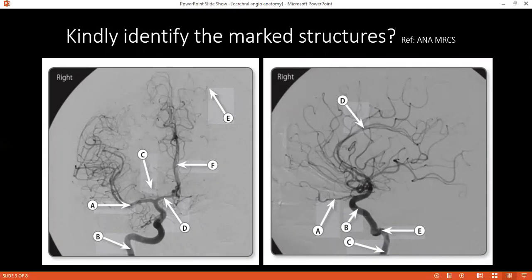It's basically an internal carotid angiogram showing its parts and branches of the parts. C is lacerum. E is cavernous. B is clinoid. Then A is anterior cerebral. D is middle cerebral vessel. Good. All right, we'll move on.